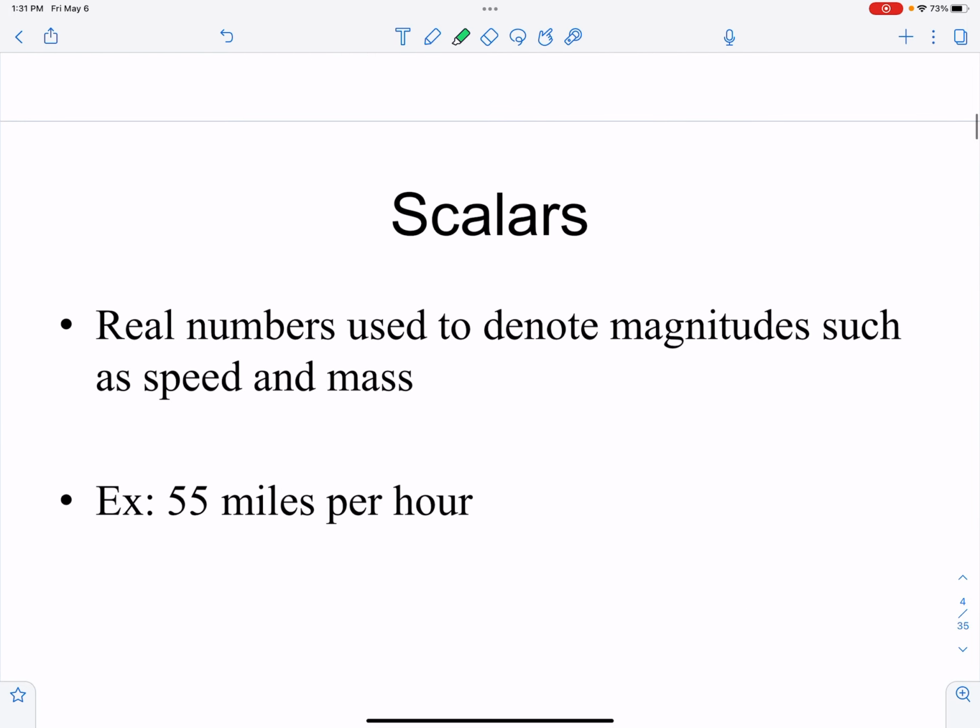Up until now, you have been talking about different scalar quantities. Scalars are basically just real numbers that are used to represent magnitudes like speed or mass or time, but they don't have any sort of direction. Anytime we want to represent a quantity that has both magnitude and direction, we have to think vectors.